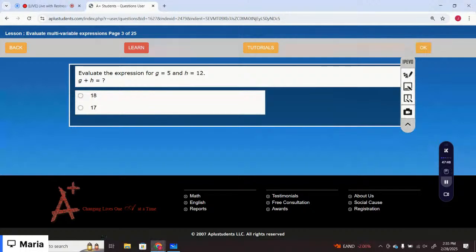Evaluate the expression for g equals 5 and h equals 12. That is 12 plus 5 equals 17. Option number 2 is the correct option.